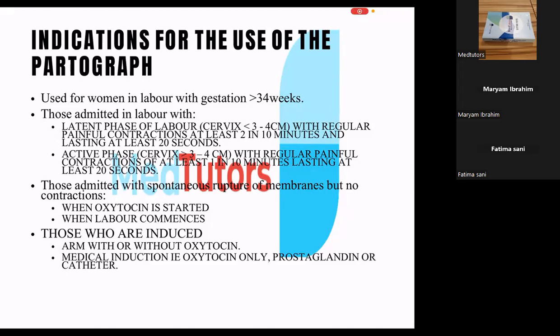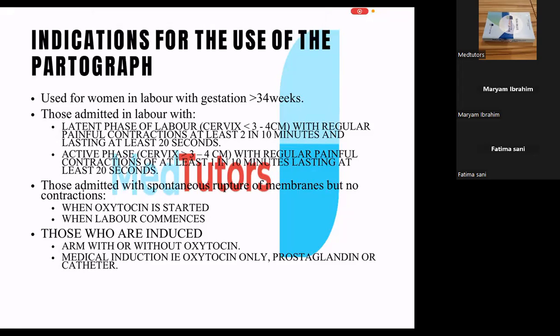Then you can open Partograph for a woman also who is in active phase of labor. That is, she has reached cervical dilatation of 4 centimeters and she's having regular painful contractions. And then, of course, you open Partograph also for women with spontaneous rupture of membranes, but who have no contractions.